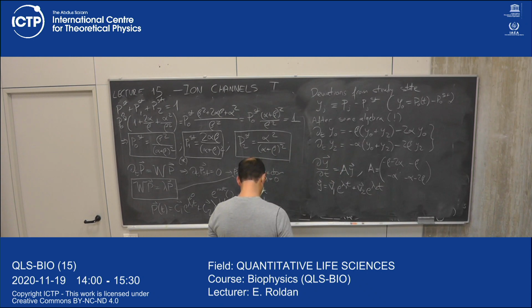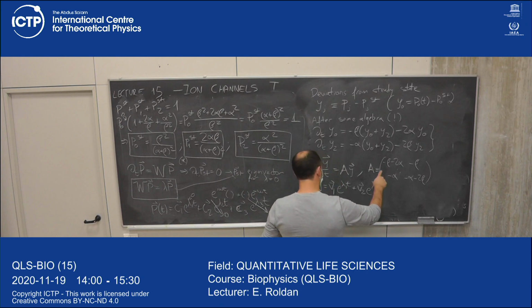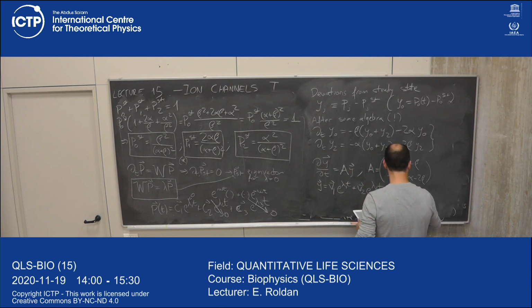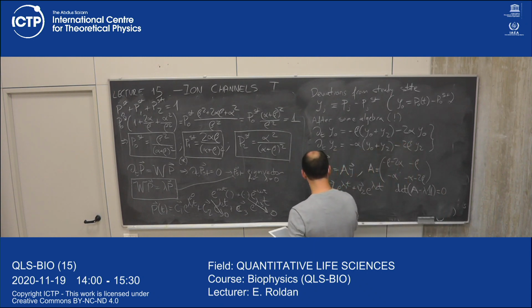And now you will see the point: the eigenvalues of this matrix. These lambdas are obtained from the determinant of A minus lambda identity equal to 0. The two eigenvalues are negative.